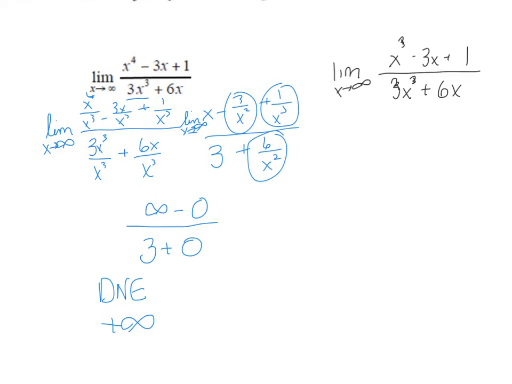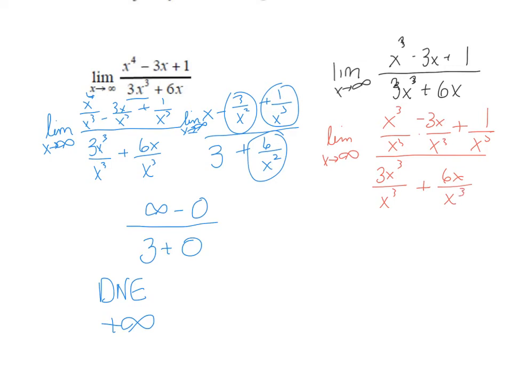If I had one like this over here, let me change colors to red, and we did the same thing. We would have the limit as x approaches infinity, and we would divide everything by x to the 3rd again. So I have 1, negative 3x, and I would have x to the 3rd. And then in the bottom, I would have 3x to the 3rd over x to the 3rd, and 6x over x to the 3rd.